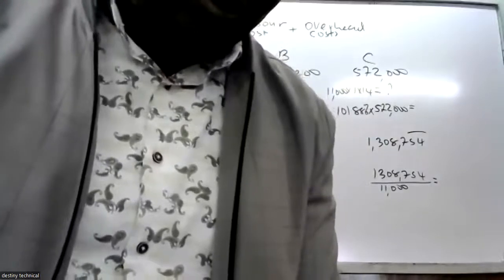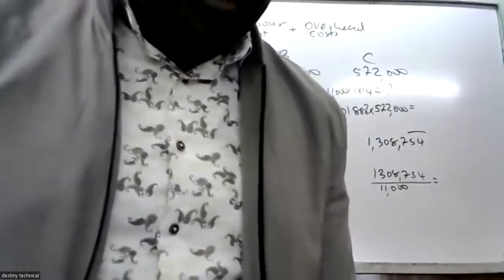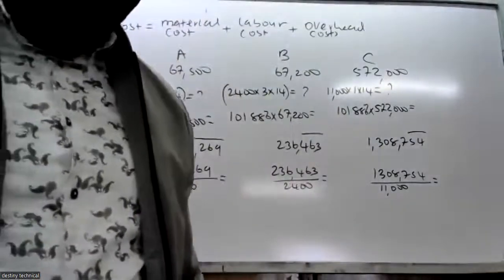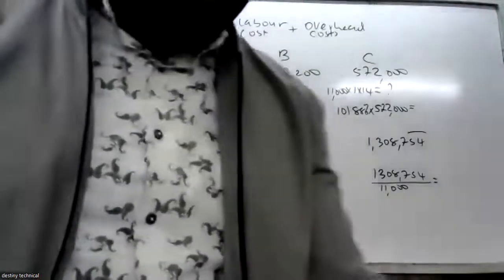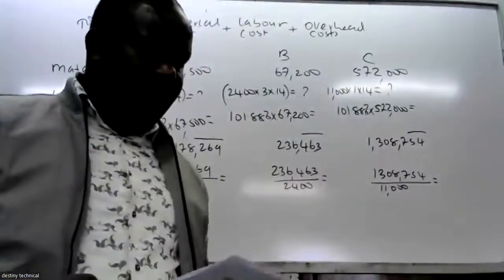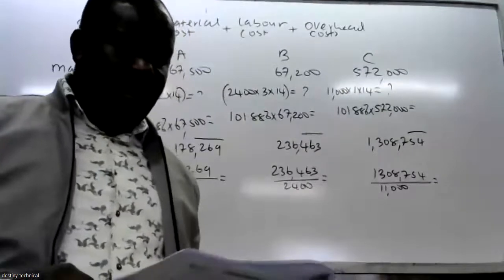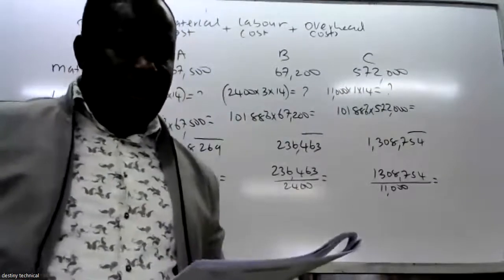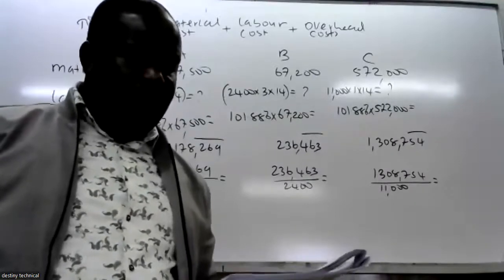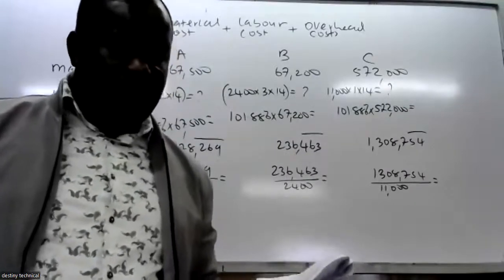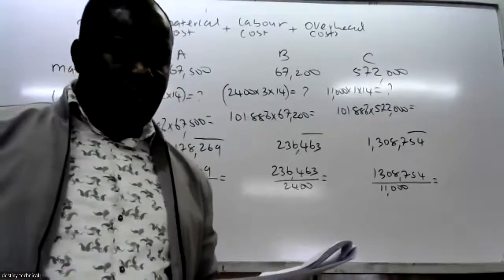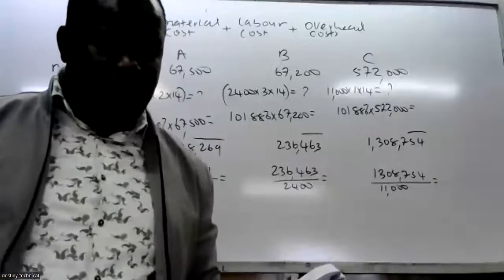The first step, you are meant to identify the main activities. The main activities have already been identified. When you go to note number 5, they say that the activity volumes are associated with product line for the period.